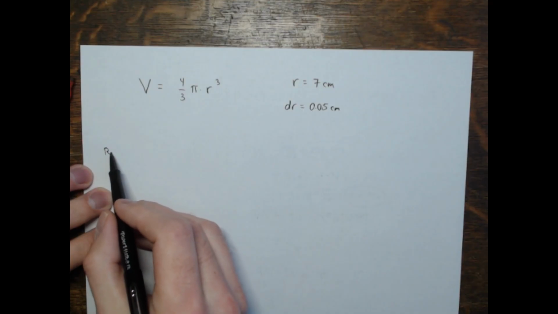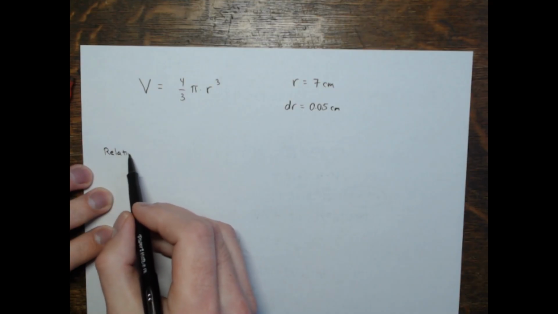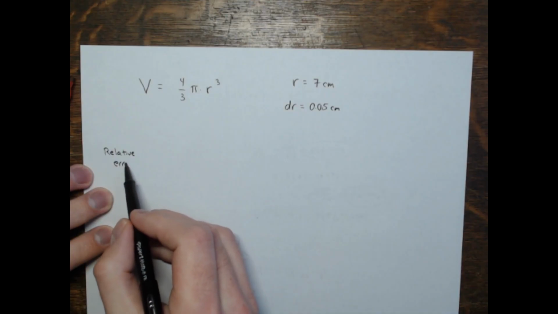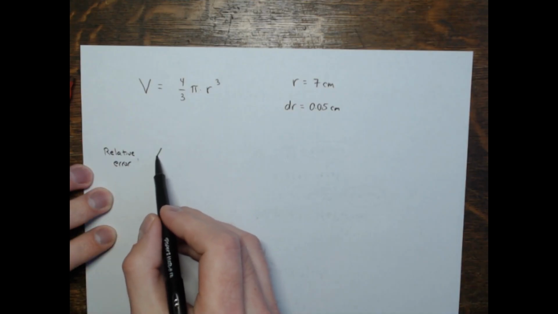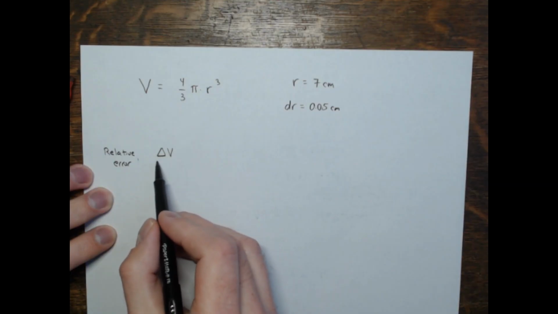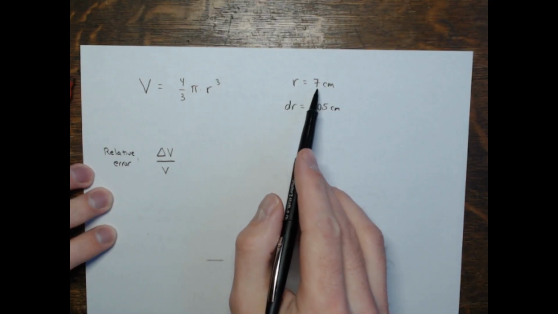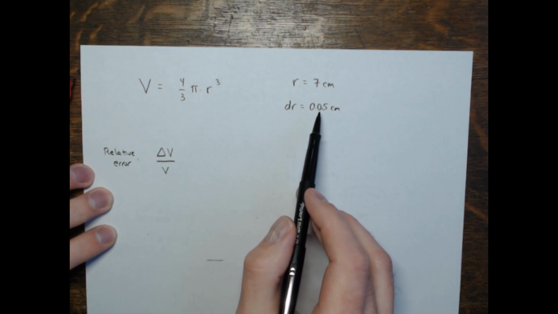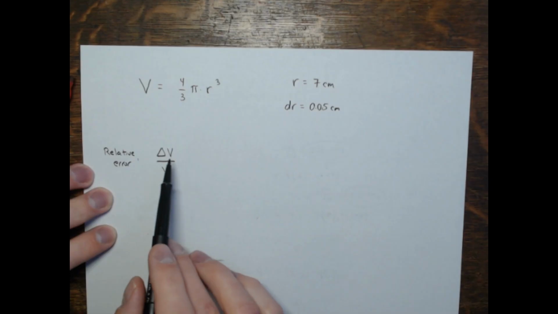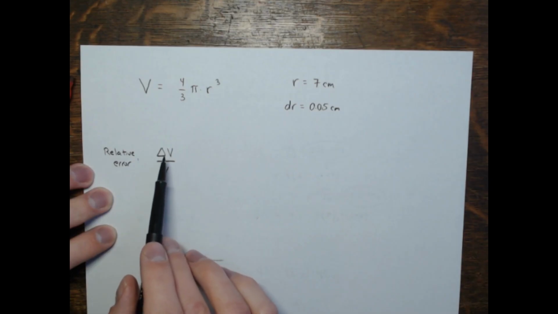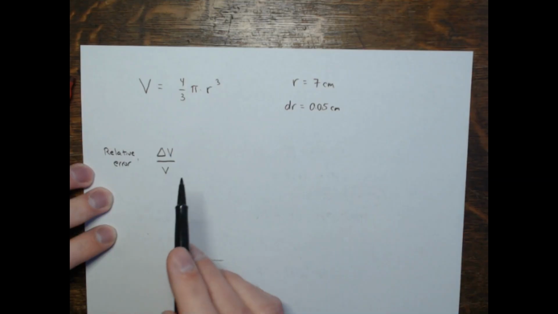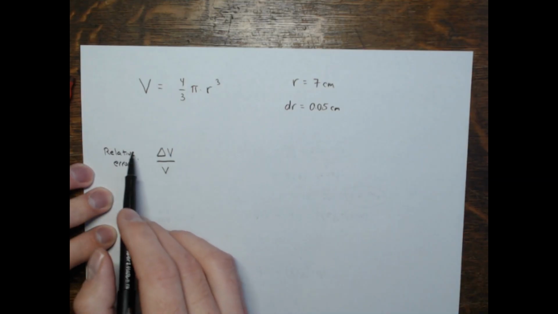Now the relative error, again, is how much it changed. So how much would the volume change compared to the initial volume? If I started off with a radius of 7 centimeters and increased or decreased the radius by this 0.05, how much would the volume change when compared to the original volume? That's the relative error.